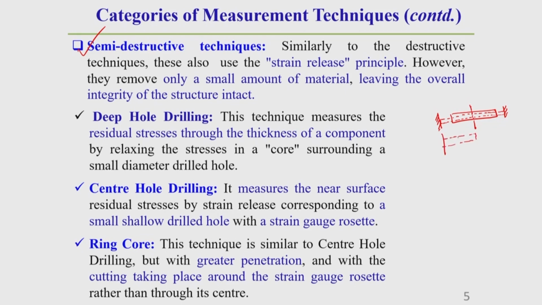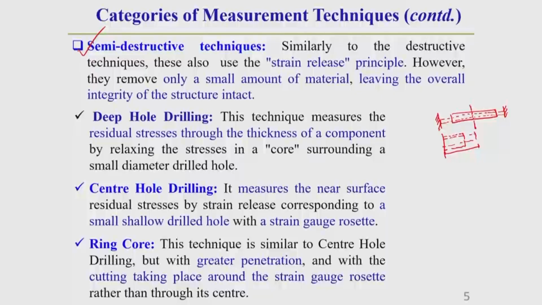Once we cut, it will return back to its original position. This initial cut length was this, and due to the elastic strain, once we cut through this section, it will return back to this final length. That means this is the final length LF, okay. You should keep this in mind.